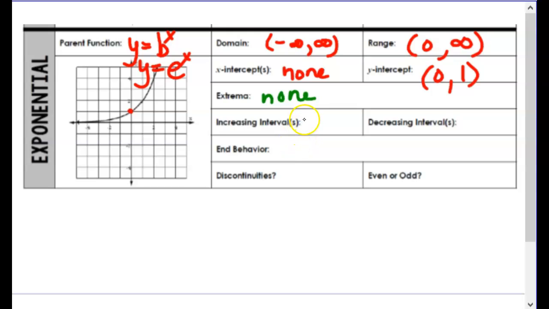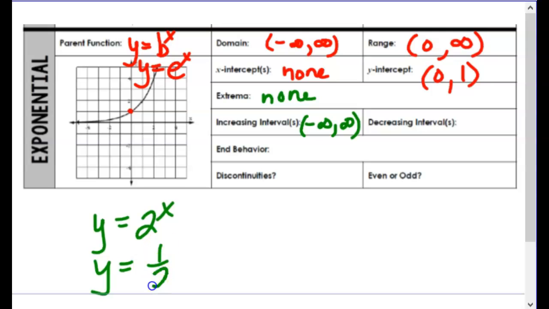It is all increasing from negative infinity to infinity. It would be decreasing if b was less than 1. We will eventually talk about things like this. When b is less than 1, then it is all decreasing because it's called exponential decay.